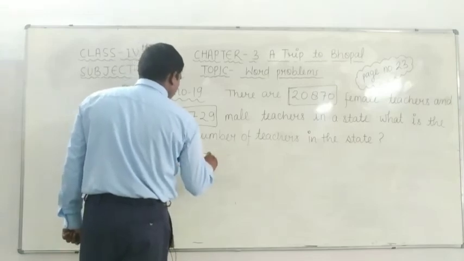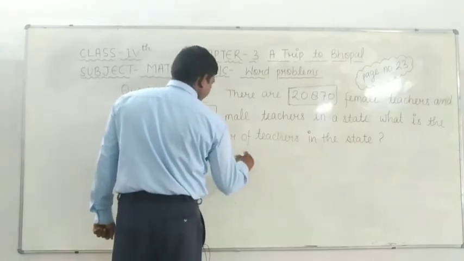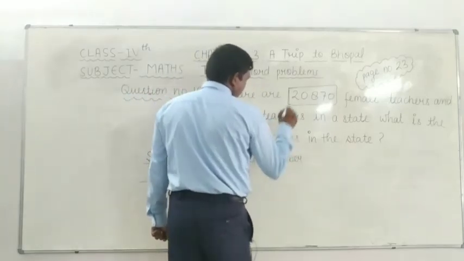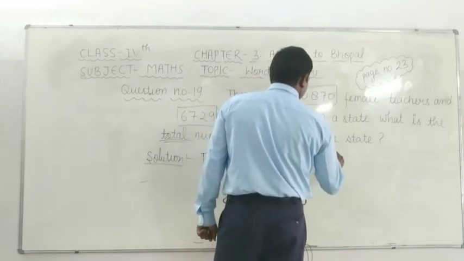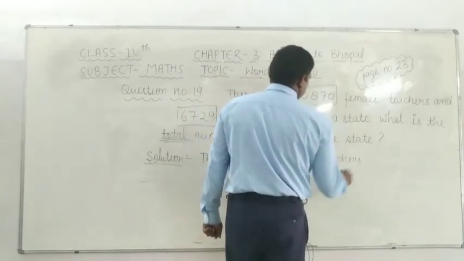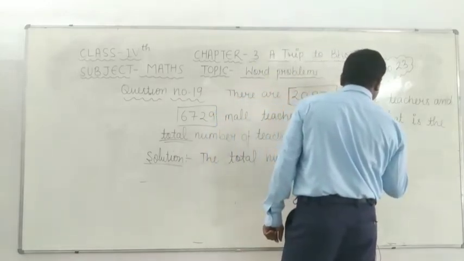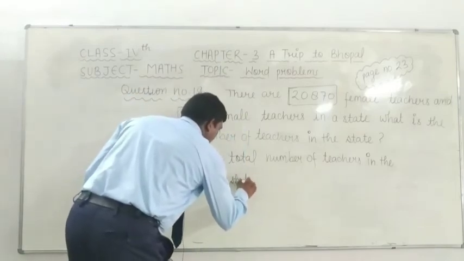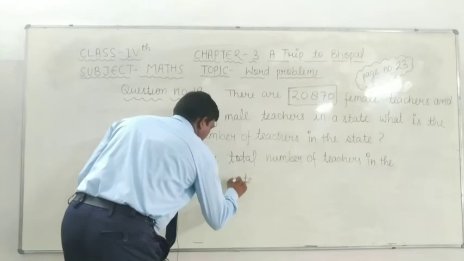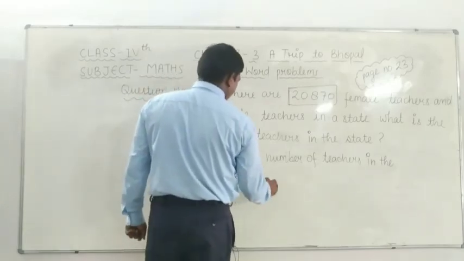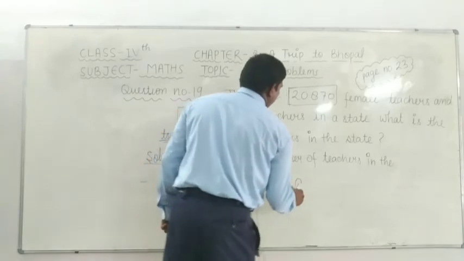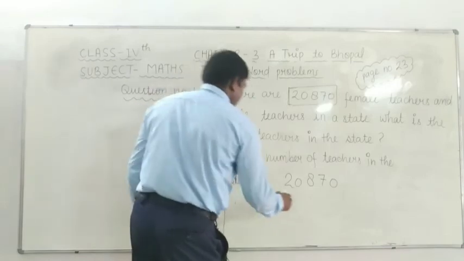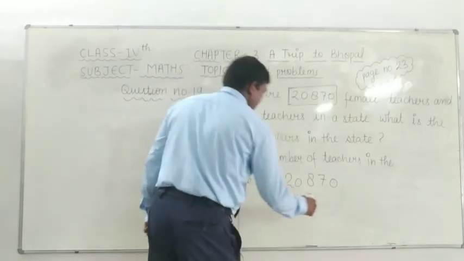So the total number of teachers in the state is equal to, here we have to take the addition of 20,870 plus 6,729.